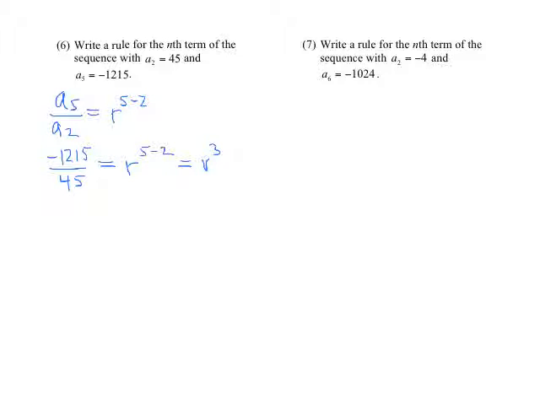And so if we divide negative 1215 by 45, we get out a negative 27, and that's equal to r cubed. Taking the cube root of both sides gives us negative 3. And so the ratio that's required for this problem is negative 3.